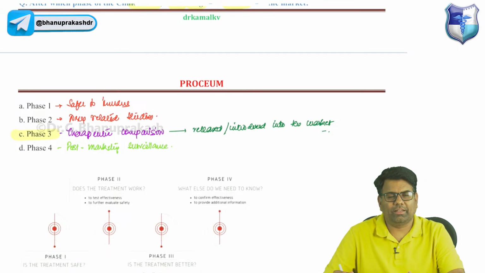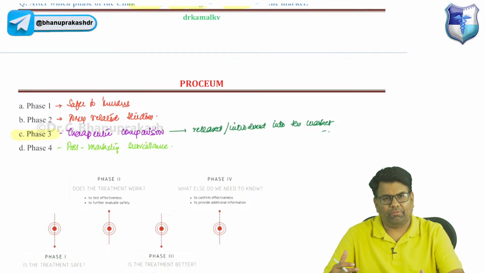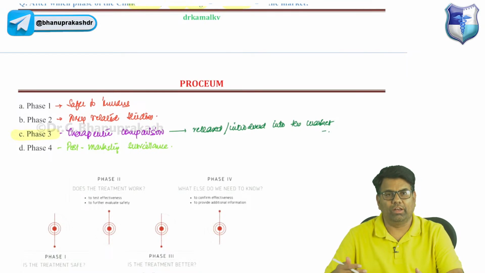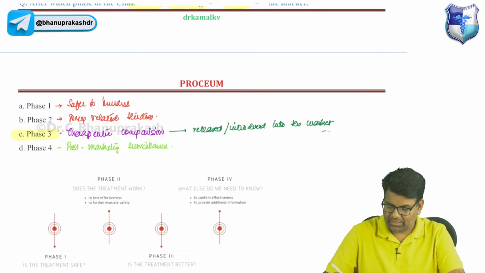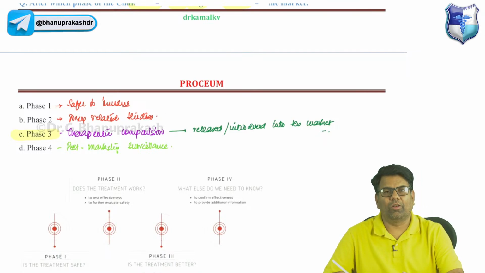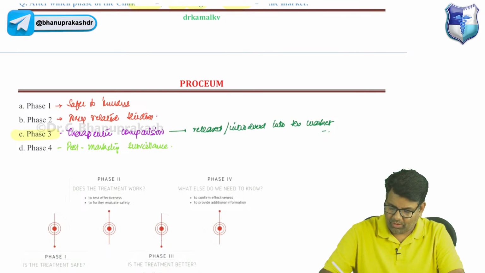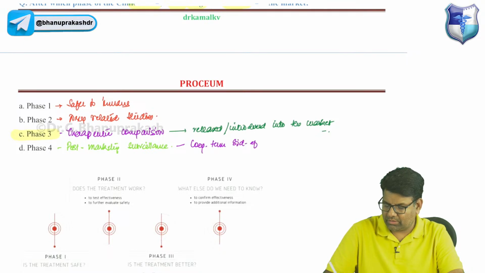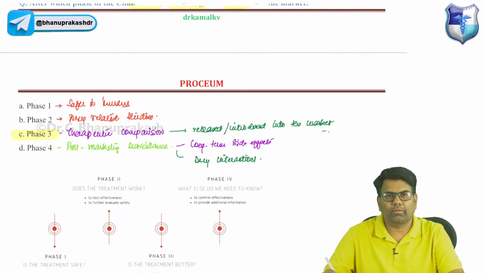Once the drug is in the market, we will tie up with physicians who will prescribe this drug to their patients, and then we will study the long-term side effects, or we will study the drug interactions with other drugs. If this particular drug is given with some other drug simultaneously, what kind of interaction will come out? That is studied in phase 4.